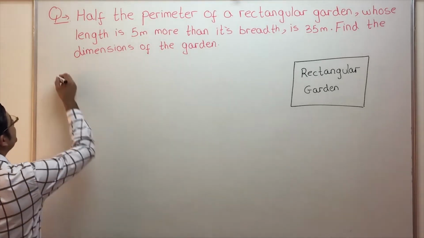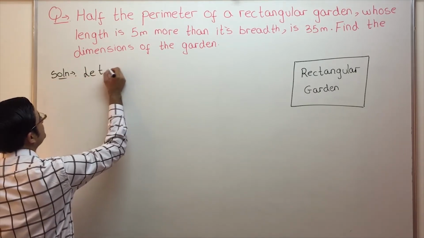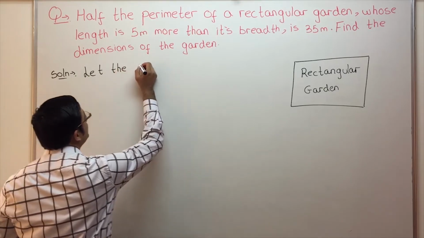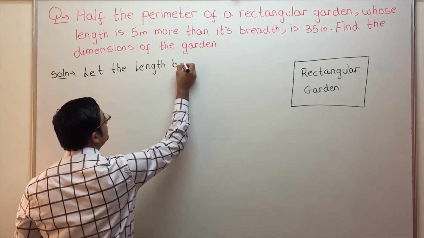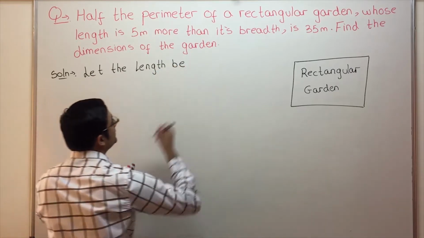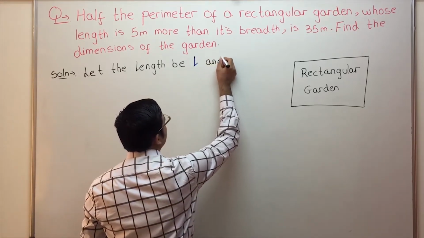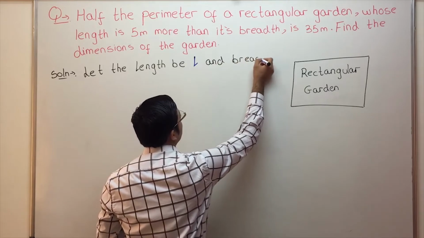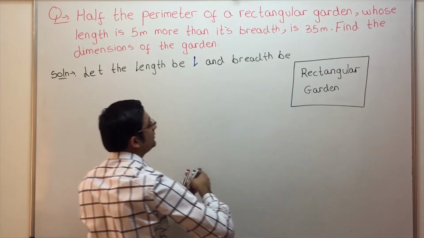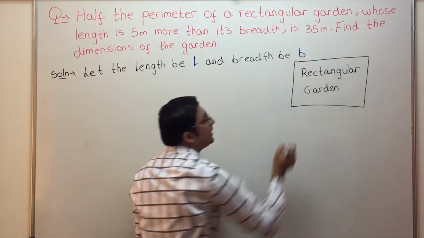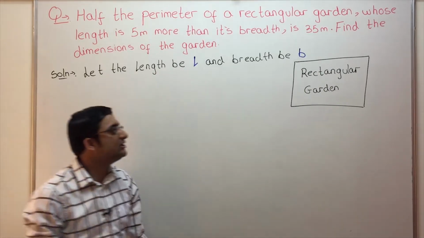So let me write it down. I've assumed the 2 variables that, let's say the length of the rectangle is L and breadth be B. So you can mark it over here.